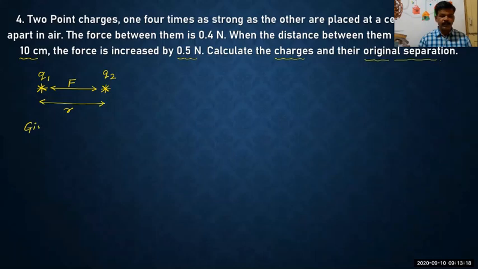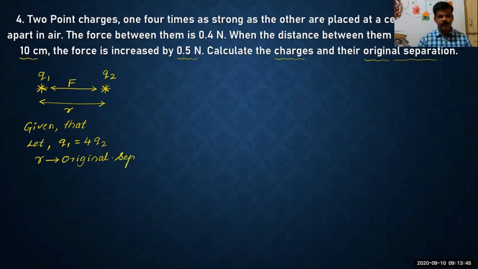They have given that one charge is 4 times as strong as the other. So therefore, I consider Q1 is equal to 4 times Q2, or you can take Q2 is equal to 4 times Q1. And R is the original separation between the two charges. And because of this separation, there is a force, and that force is 0.4 Newton.